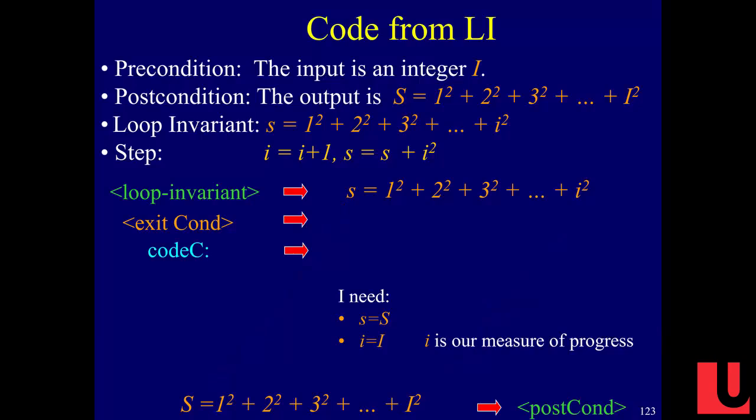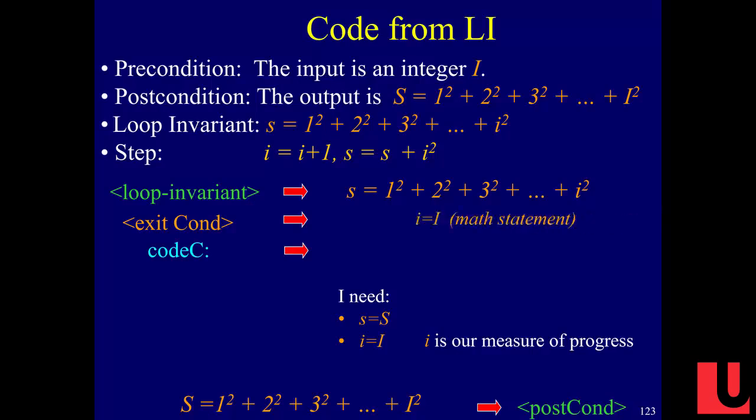And now, how do I know which of these is going to be the exit condition and which is going to be the code, right? I don't know. Is it obvious? Here, I is the measure of progress, right? So I is changing, and at some point I will equal I, right?